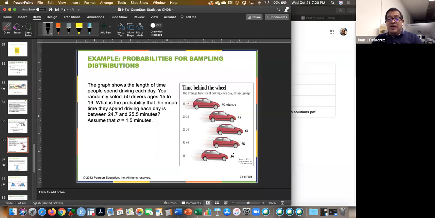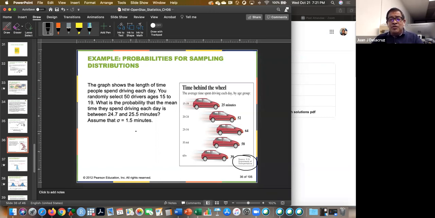And as you age, the time behind the wheel decreases. So probably I can say that this is very big data. This data comes from the US Department of Transportation. Very likely they have information from car insurance companies and from the drivers' licenses that they are managing.